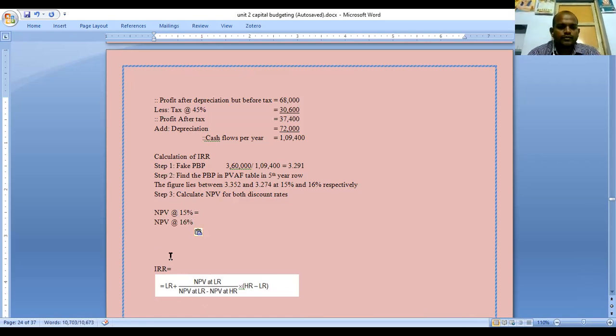So, present value of cash inflows, yearly cash inflows are 1,09,400 into present value factor 3.352, minus 3,60,000.